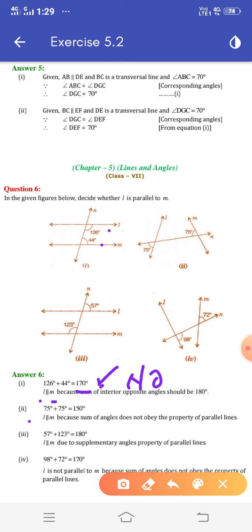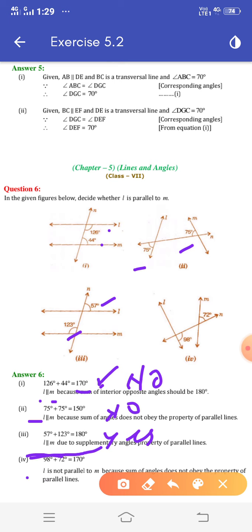Okay. In this you can see that 75 equals 75. The sum of the angles does not obey the property of parallel lines, so it is also not parallel. And in the third part, when we add these angles, they make supplementary angles, so the answer will be yes.